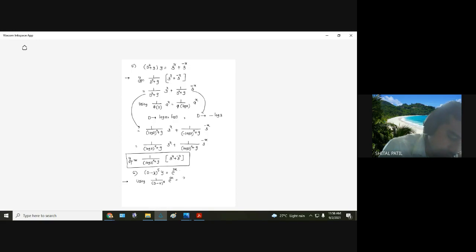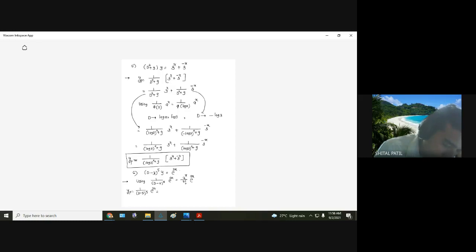What is the answer? X raised to r divided by r factorial e raised to x. So 1 upon d minus 3 raised to 5 e raised to 3x.